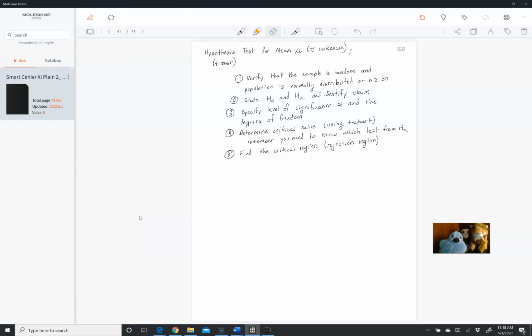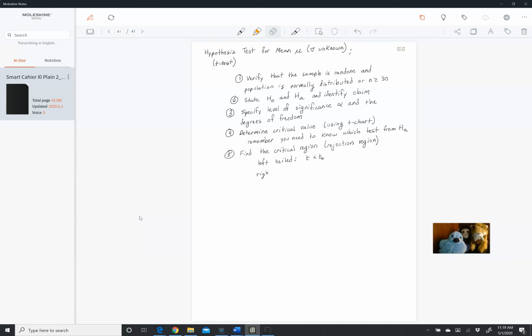We're just using t sub 0 instead of z sub 0, like we did in the last lecture. So left-tailed. We wrote this down already, but I'll have it here so that you have it. It would be if your t value, your standardized test statistic, is less than your critical value.